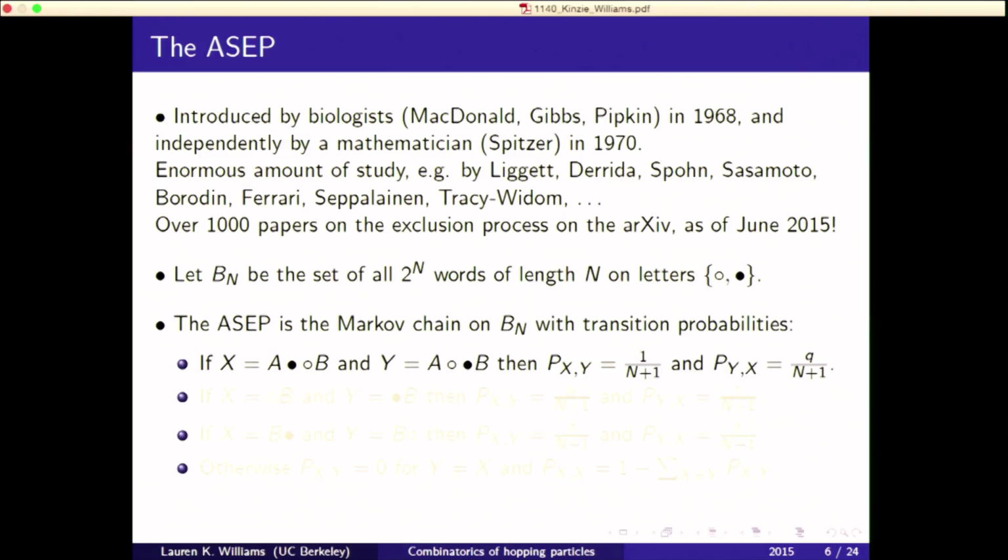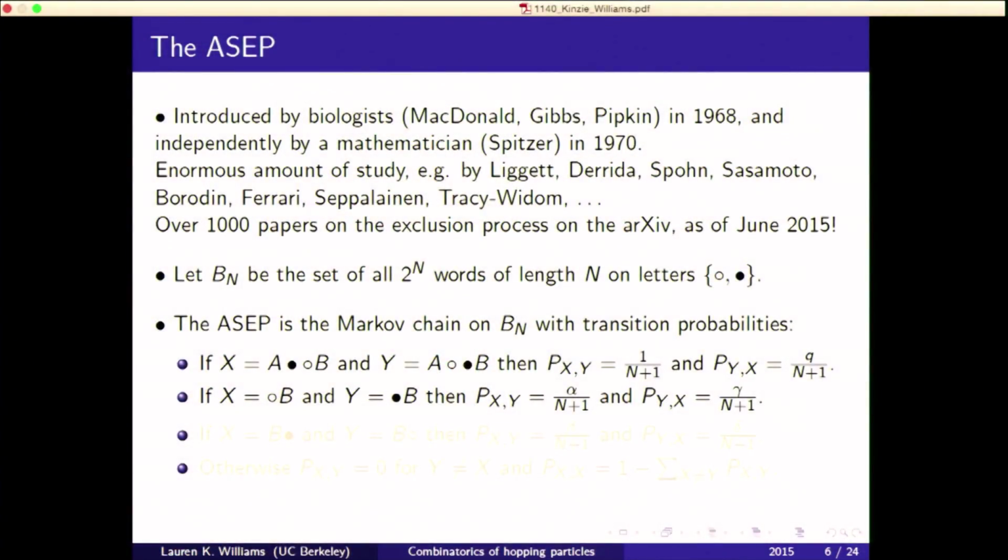So A and B you should think of as arbitrary words in holes and particles. And what I'm trying to depict in this word is that there's a particle somewhere in the middle with a hole just to its right. Now y is exactly the same state, except that hole and particle in the middle have swapped places. And in this case, the probability of going from x to y is 1 over n plus 1, and the probability of going back the other direction is q over n plus 1.